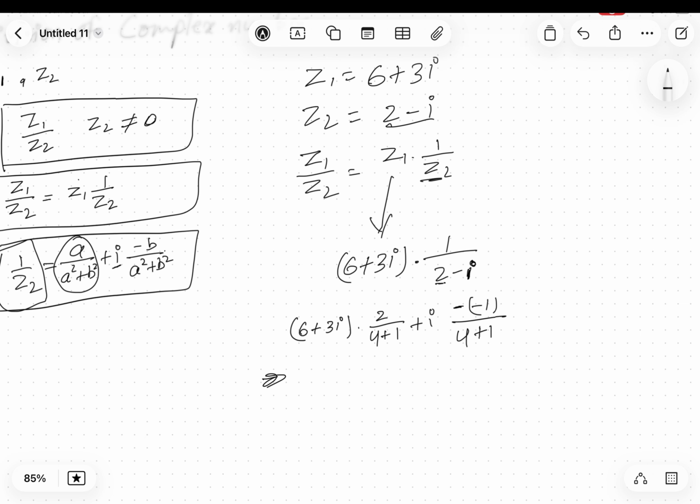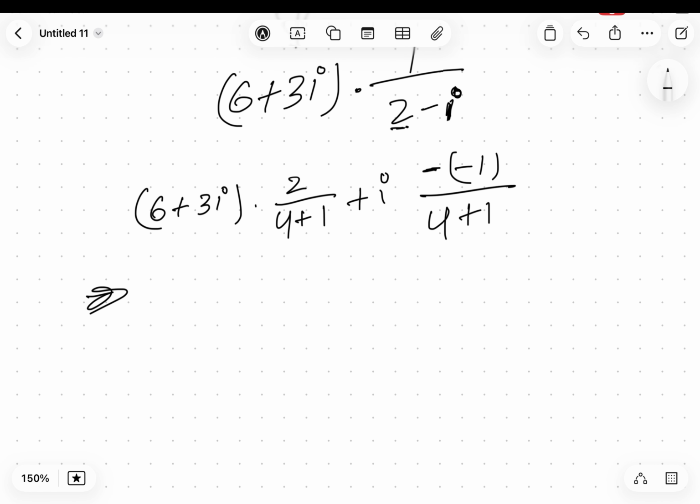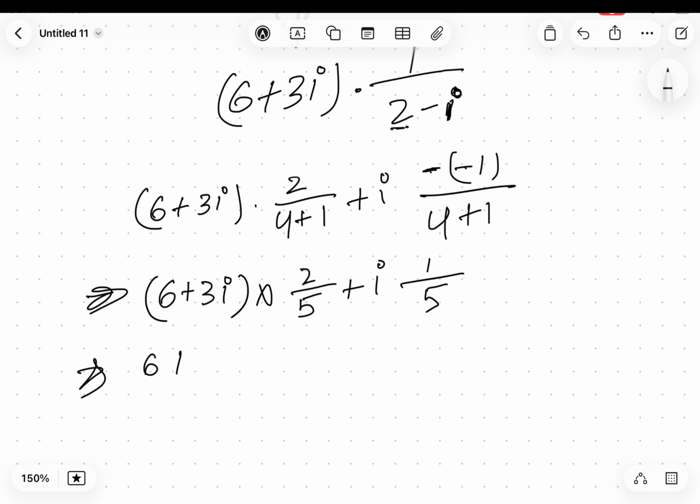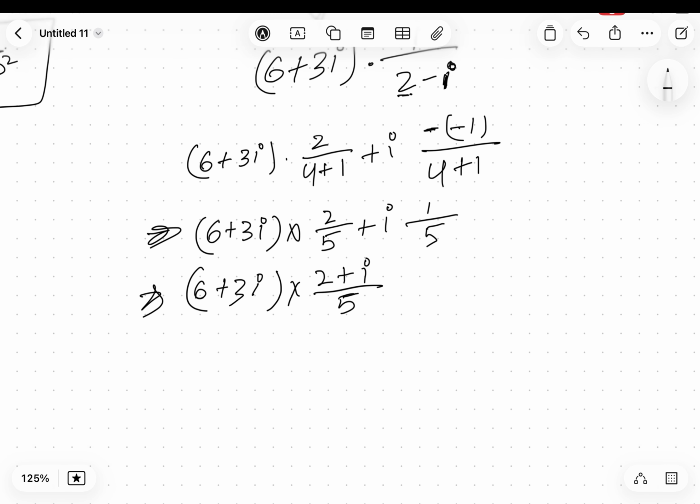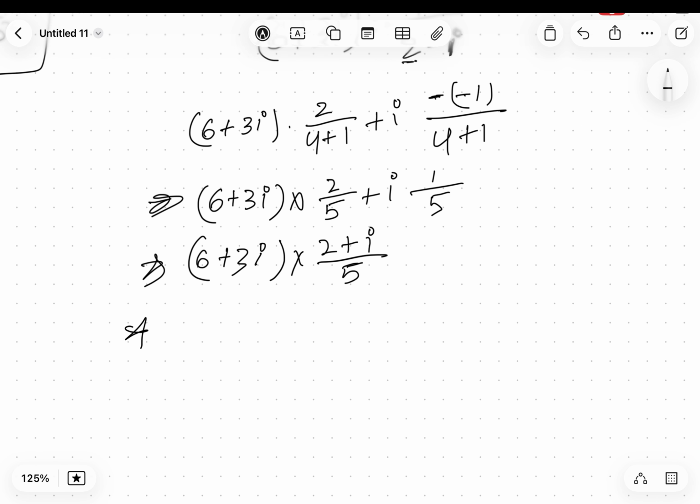Okay, now we can write this as (6 plus 3i) into 2 by 5 plus i into minus minus plus 1 by 5. Or we can write this as (6 plus 3i) into (2 plus i) by 5. Okay, so now we have to multiply this.